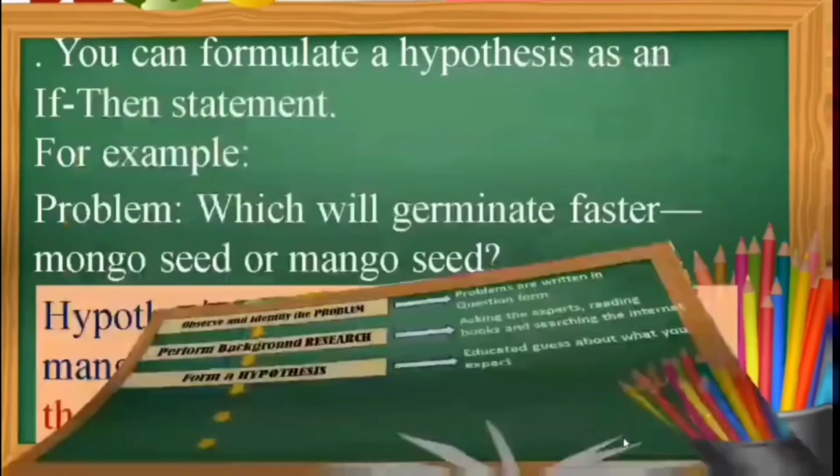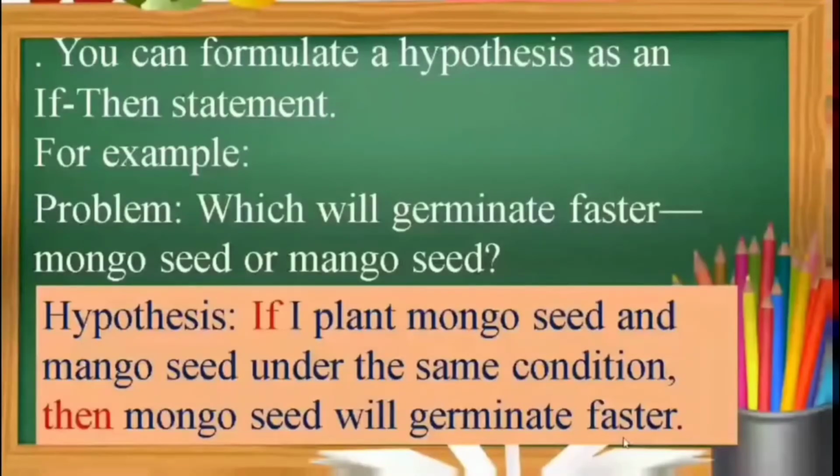For example, the problem that you wanted to investigate is the question, which will germinate faster, mongo seed or mango seed? After your research on factors that affect the rate of germination, you will now give your tentative answer or your prediction of what will happen in your investigation. Your hypothesis might be, if I plant mongo seed and mango seed under the same condition, then mongo seed will germinate faster.